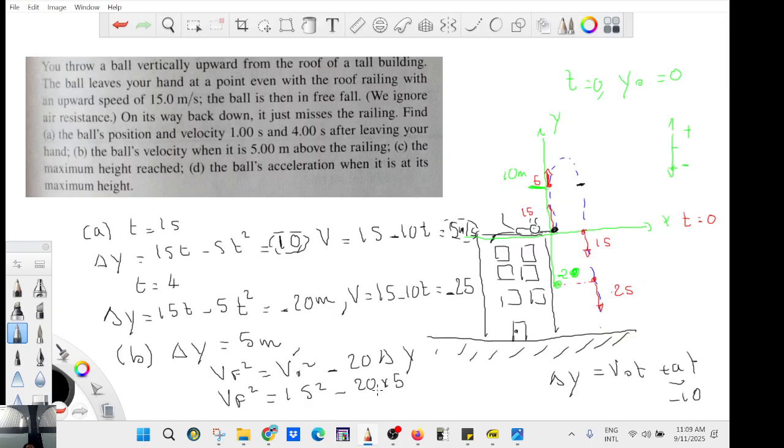And we have to be very careful with the sign. Okay, 15 squared minus 100, 125, and you take the square root.